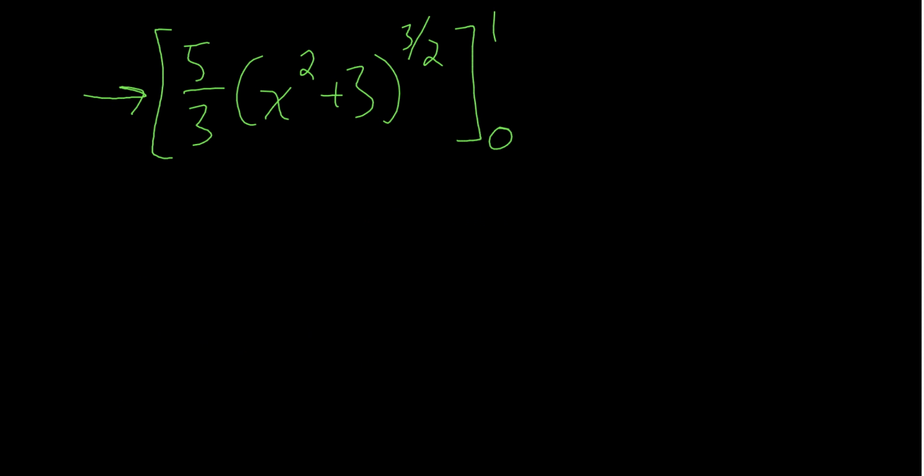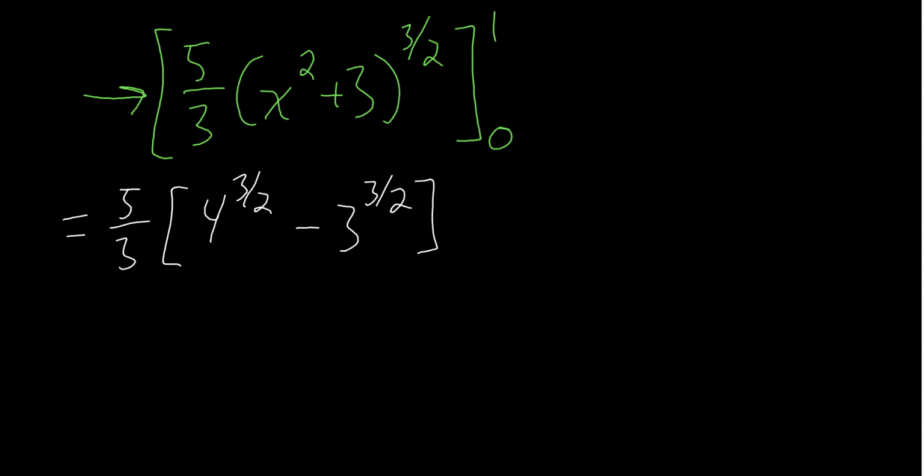So if I were to evaluate this, I'm going to end up with 5/3 times 1 squared is 1, so 4 raised to 3/2, minus, and if I plug in a 0 there, it's just going to be 3, so 3 raised to 3/2.